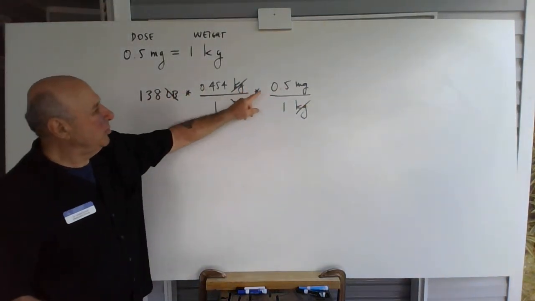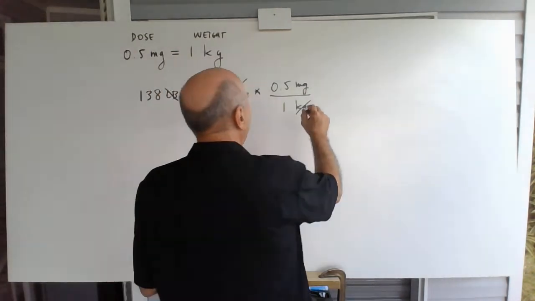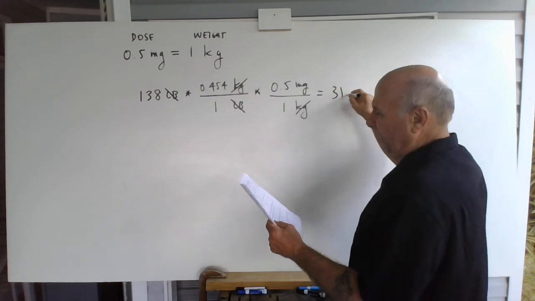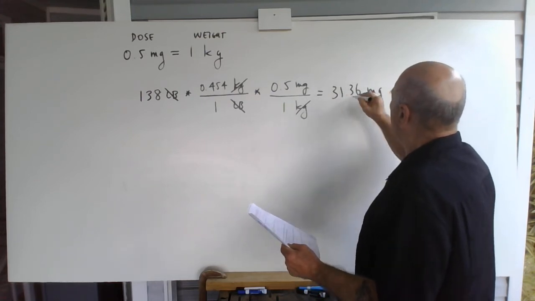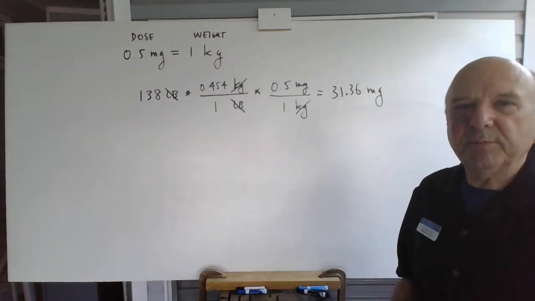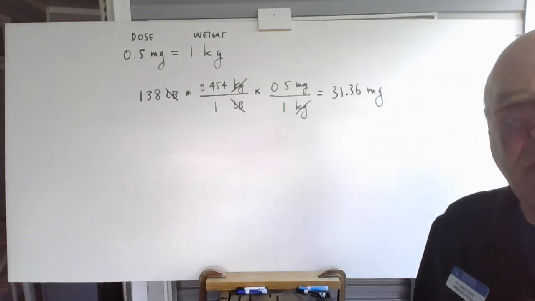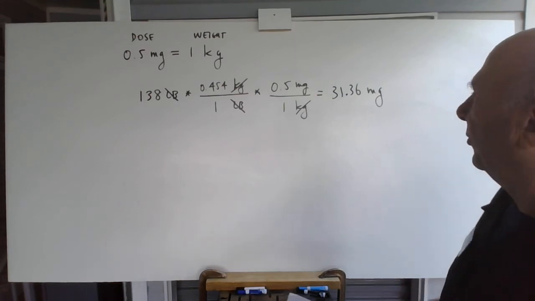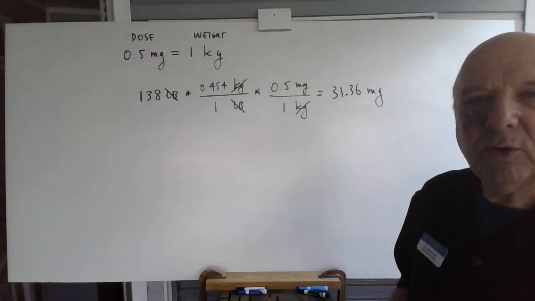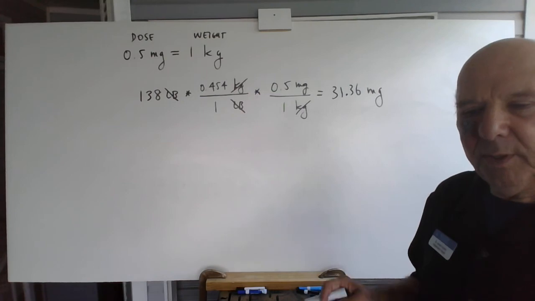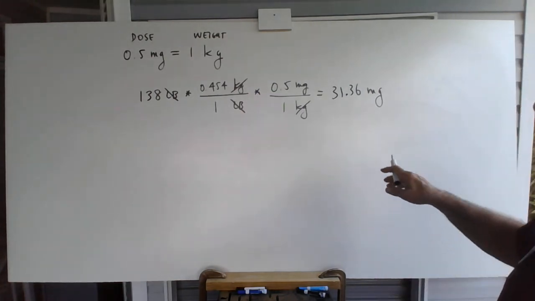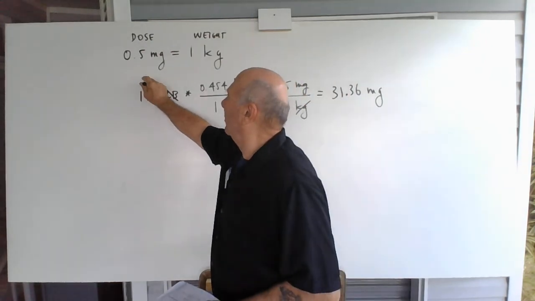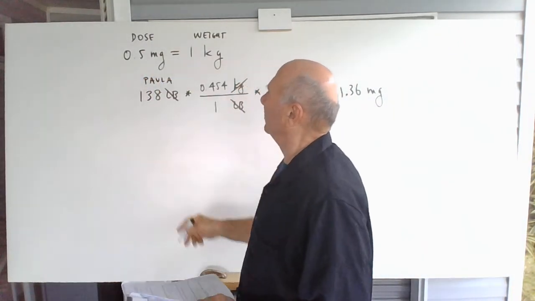I multiply these 3 numbers together, and the nurse, the nurse's assistant or the physician's assistant, would get 31.36 milligrams as the dose, and they would round that off as appropriate, however they measure it out. 31.5, 31.25, whatever was closest to their measuring device. But this would be the recommended dosage for Paula, who weighed in at 138 pounds.